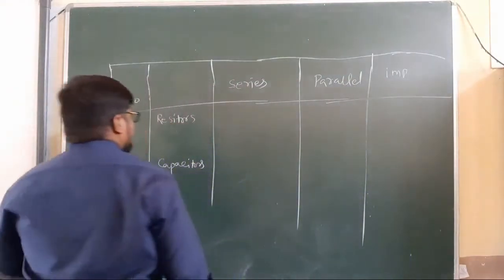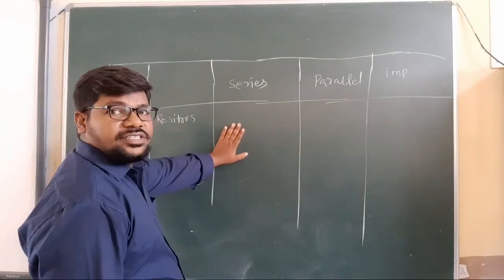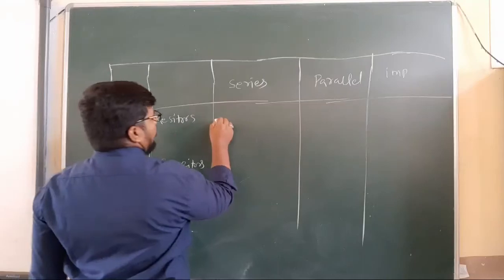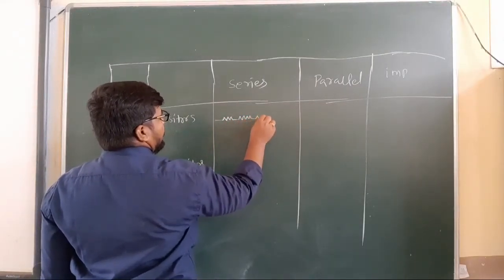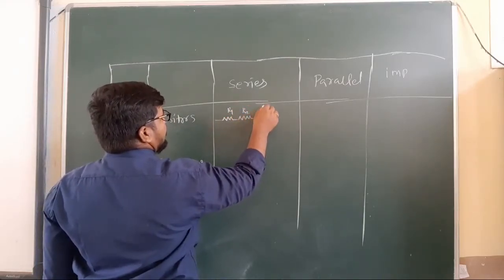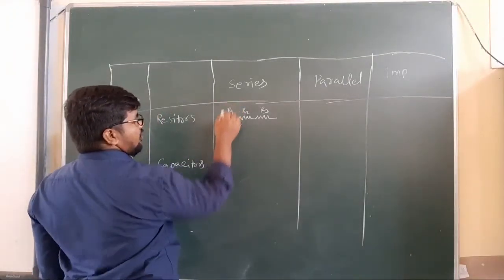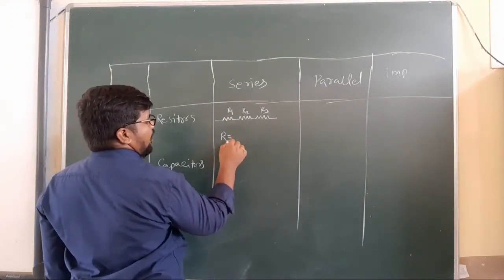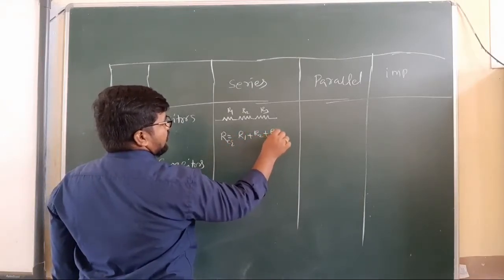My children, coming to resistors in series: like this, we arrange them one after another. It is R1, it is R2, it is R3. Okay, so in this case we get the expression R equivalent is equal to R1 plus R2 plus R3.